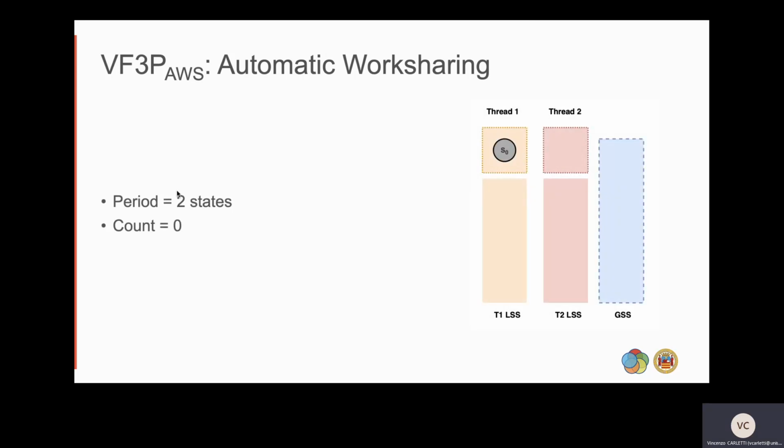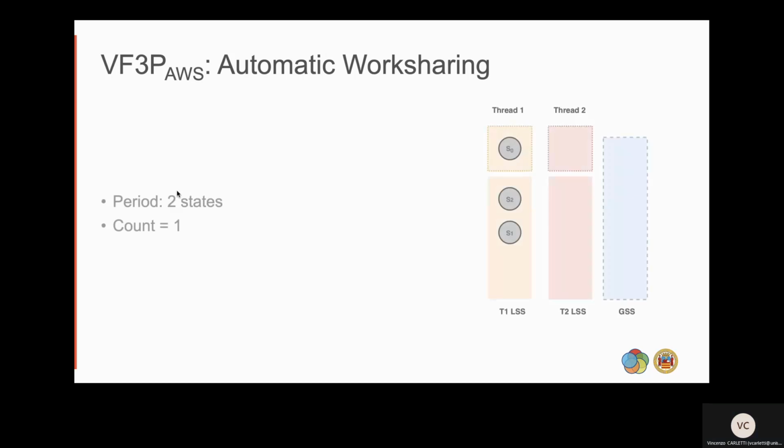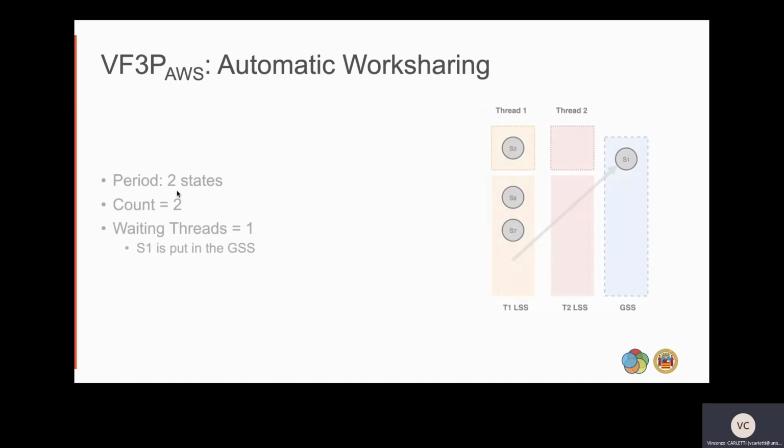After a period counted as a number of states explored, a thread has to check if there are threads that are free of work, and then has to share a number of states from its local state stack to the global state stack equal to the number of threads that are not working.